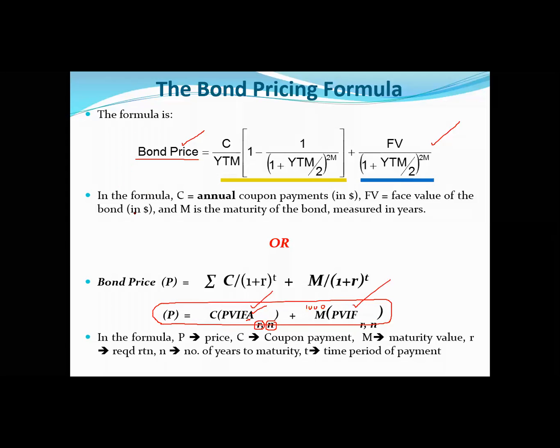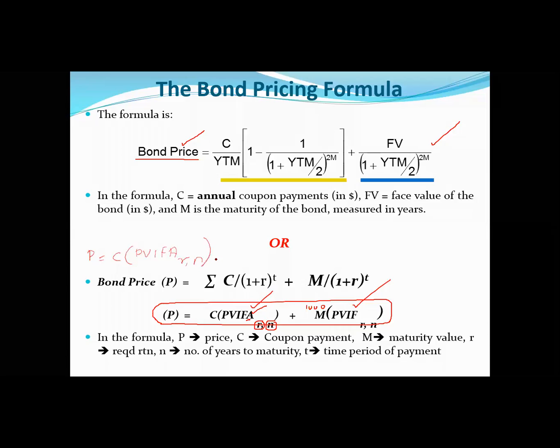I wrote P is equal to C into the bracket present value interest factor annuity, for required rate of return for n number of years.